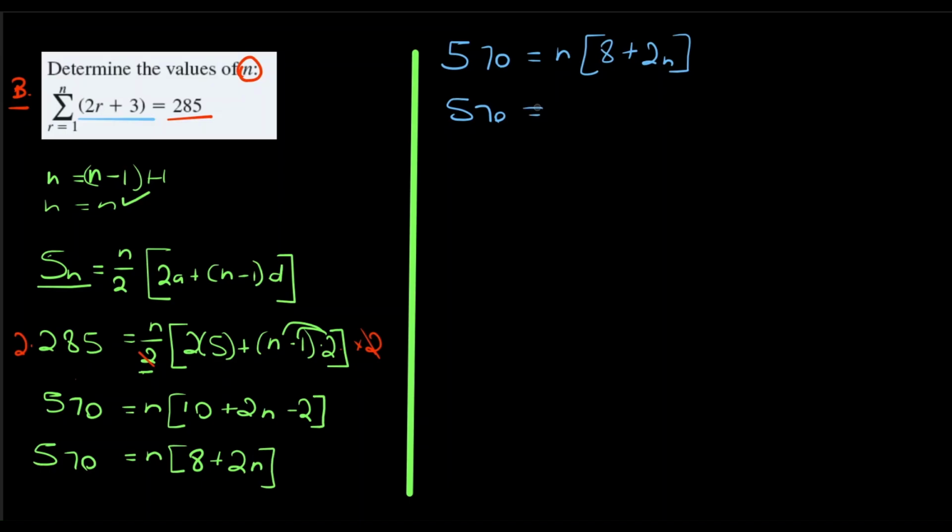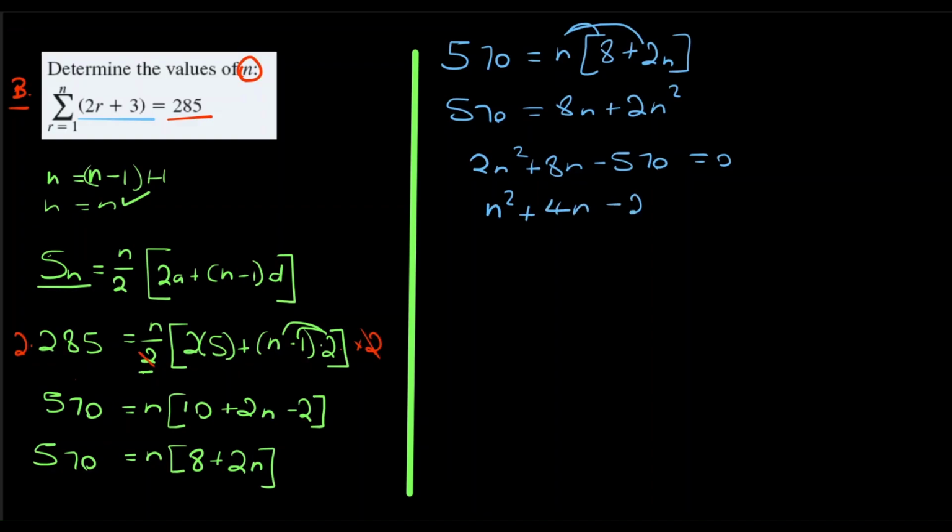Multiply n by the bracket, which will give us 8n plus 2n squared, and we can group everything on one side: 2n squared plus 8n minus 570 is equal to 0. We can further simplify this by dividing throughout by 2, to give us n squared plus 4n minus 285 is equal to 0.